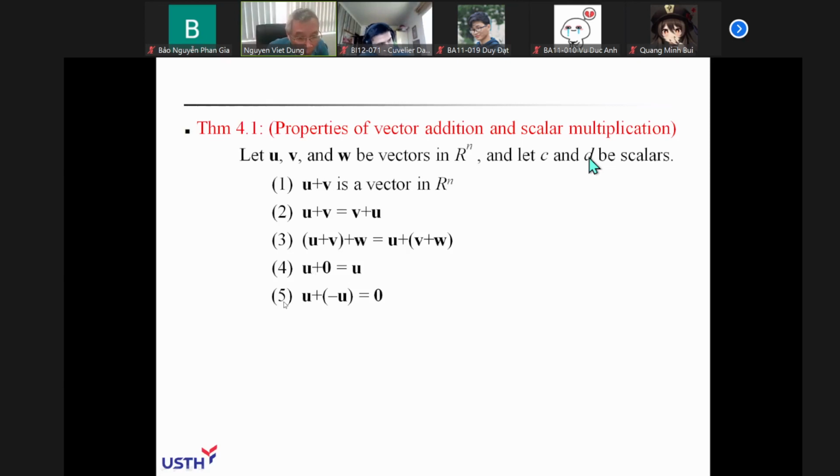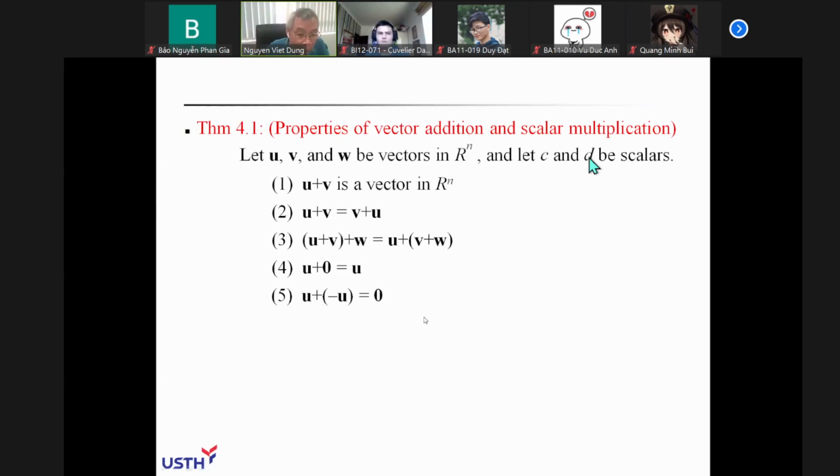And property number 5 says if you take u plus negative of u, you get the zero vector. That is the reason why we call 0 the additive identity, and negative u the additive inverse of the vector u.